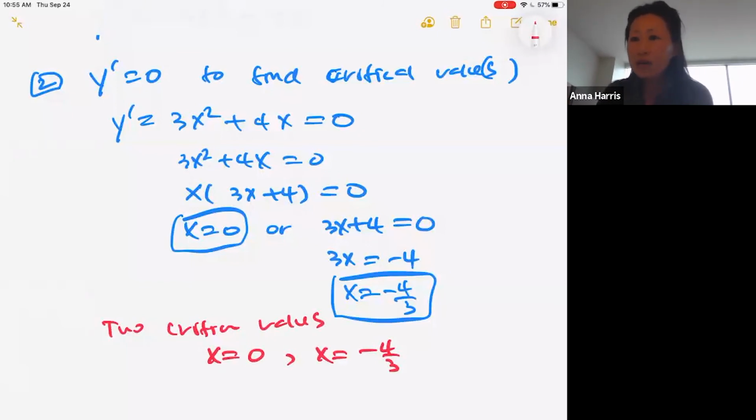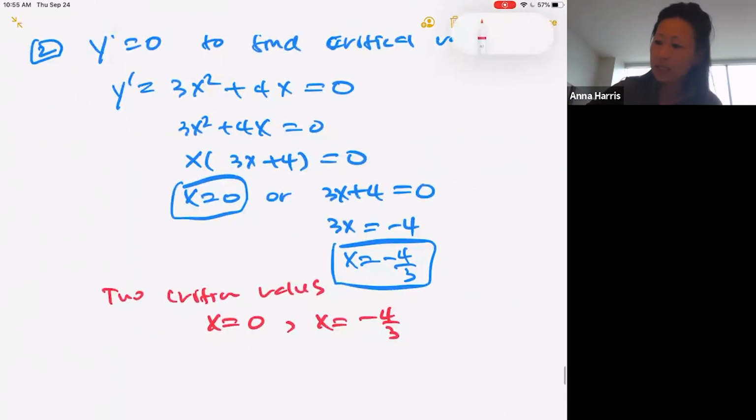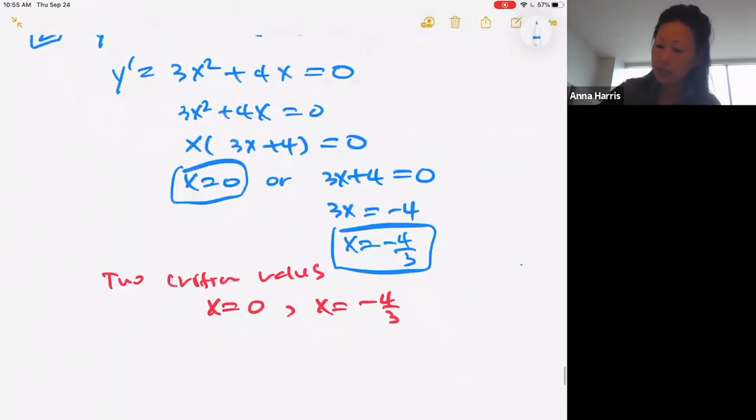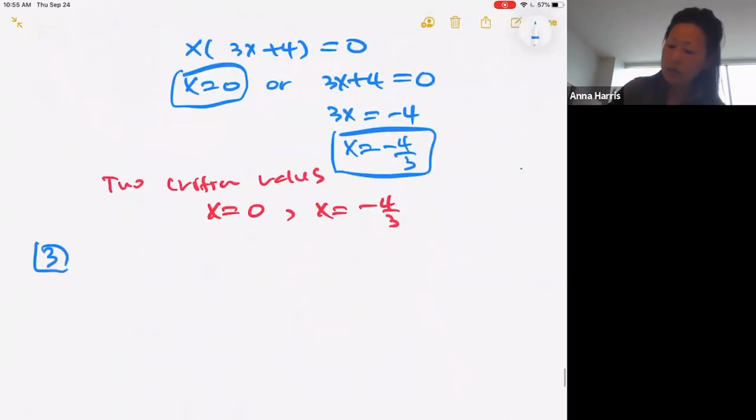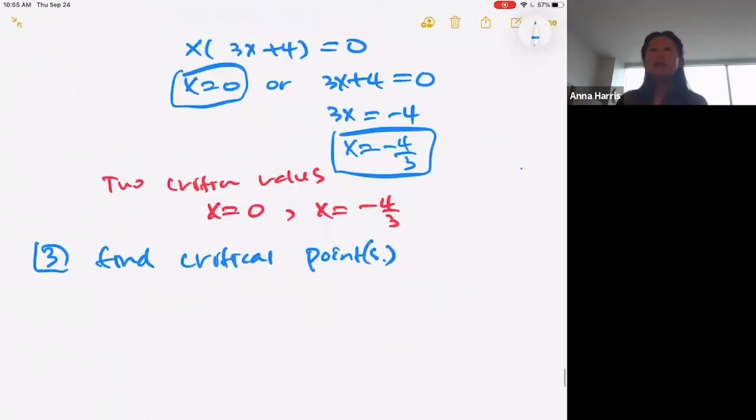Okay, now I'll need to find the critical points. How do I need to do that? I need to plug that into my original equation.